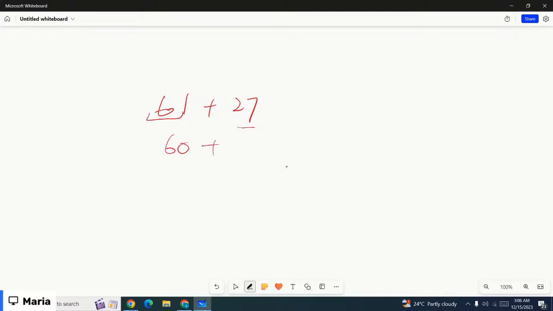Then you have 27. 27 is rounded off to 30. And 60 plus 30 makes 90. So the correct option is 90. You need to find the estimated answer, not the exact one. The correct option is 90.